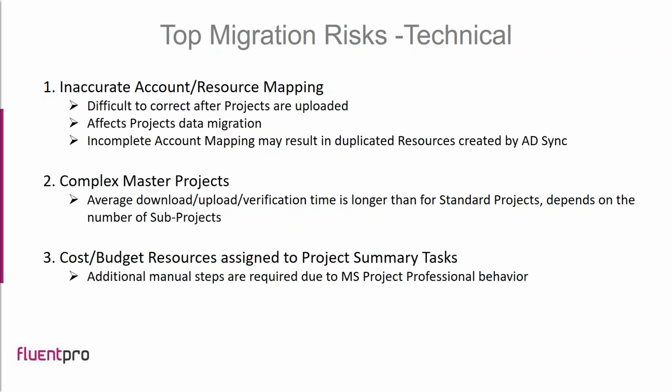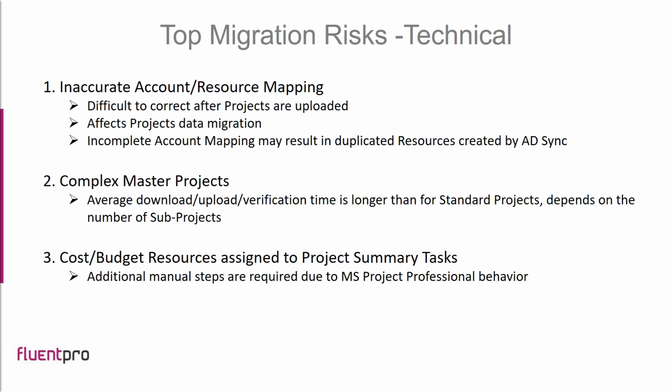When we migrate projects, there are several types of projects. There are standard projects, and there are also master projects that contain a certain number of sub-projects. And we observed that master projects are usually much more complex than standard ones, and they can contain at least 2 sub-projects, and we saw master projects with 20 and more sub-projects.